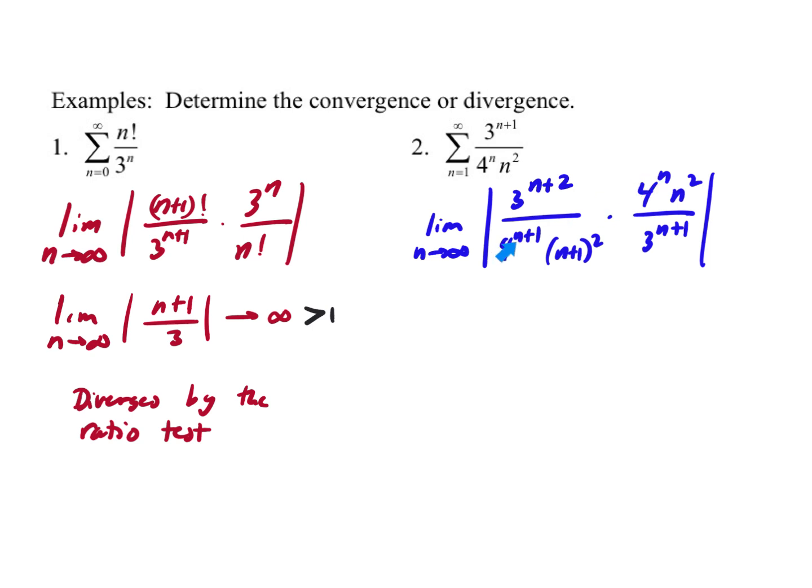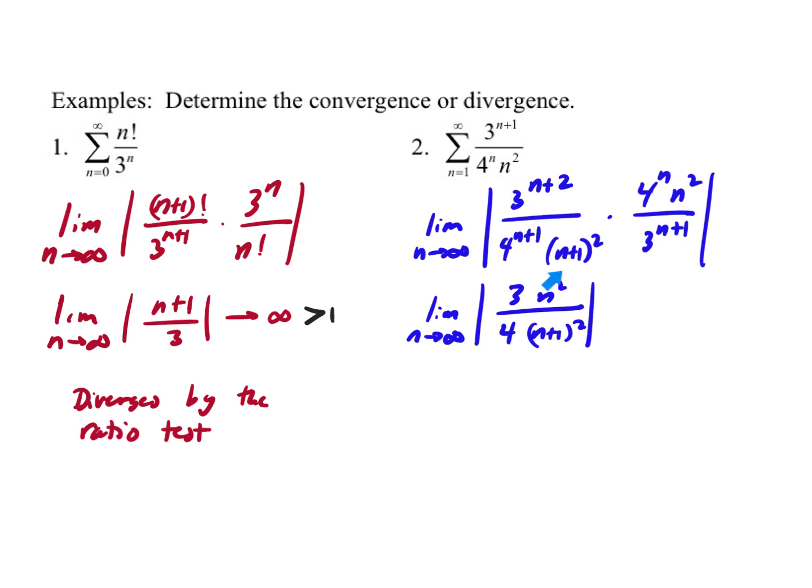Well, this means multiply 4 by itself n times and one more time. So one more 4 is included down here than here. One more 3 is included here than here. And so I'm left with this n squared over n plus 1 squared, and whatever the numbers are, okay? So here's where I'm at. I've got one more 3 on top. I've got one more 4 on the bottom.